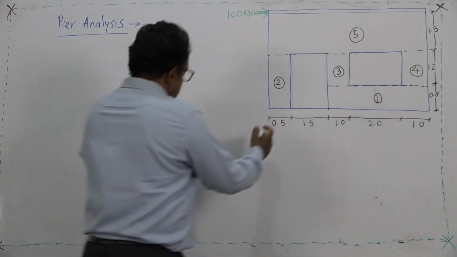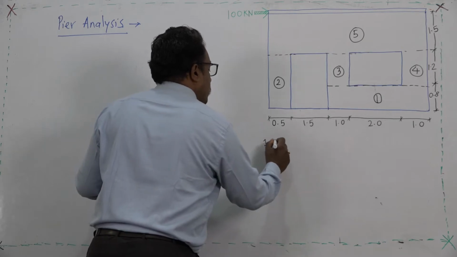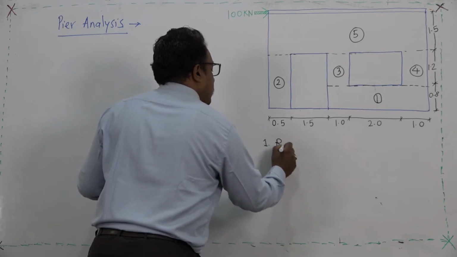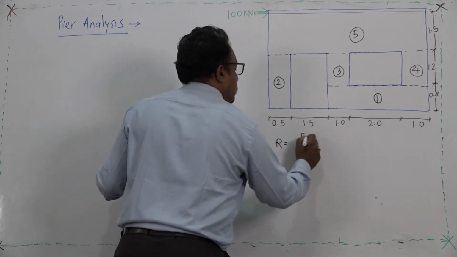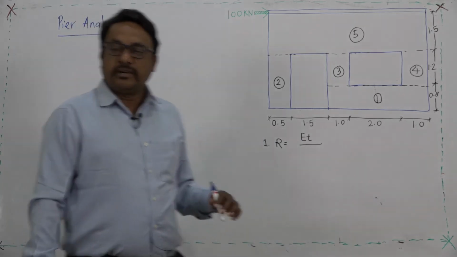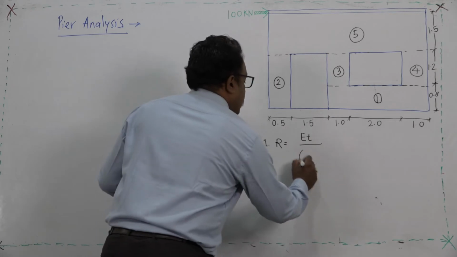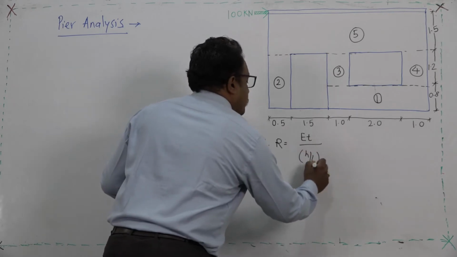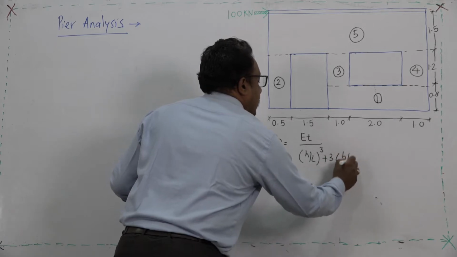So what is the formula? R is the stiffness of the pier. It is governed by E times t, where E is the modulus of elasticity of the material and t is the thickness of the wall, and it is governed by the aspect ratio: R = E t / ((h/L)^3 + 3 (h/L)).